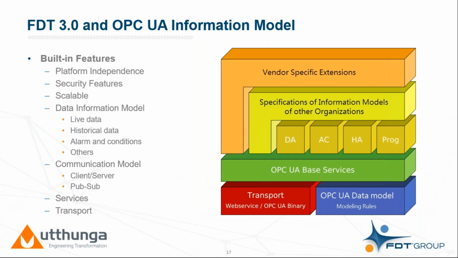So the types of things you see here, it's basically a data information driven model. So we have live data, which is one of the things that the FDT standard is very good at presenting. We also have alarms and health information that's available through this model as well.